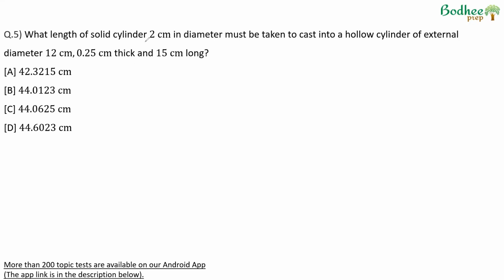What length of solid cylinder 2 centimeter in diameter must be taken to cast a hollow cylinder of external diameter 12, thickness 0.25, 15 centimeter long. Now the required volume of the hollow cylinder will be pi into R1 square minus R2 square into h.